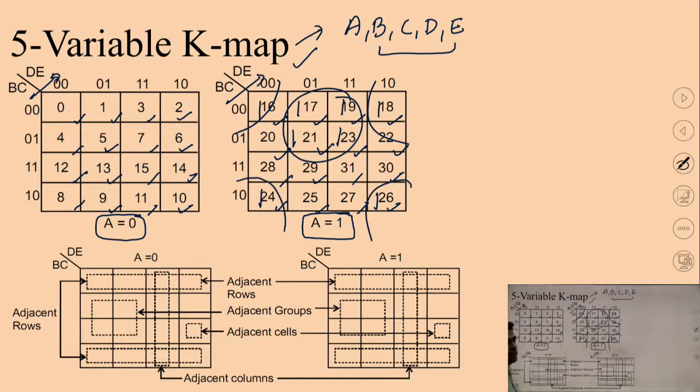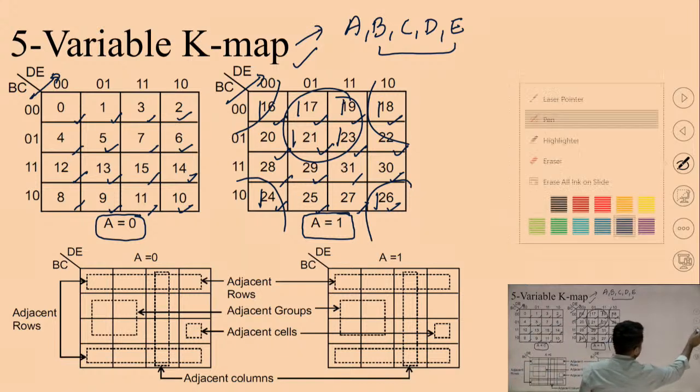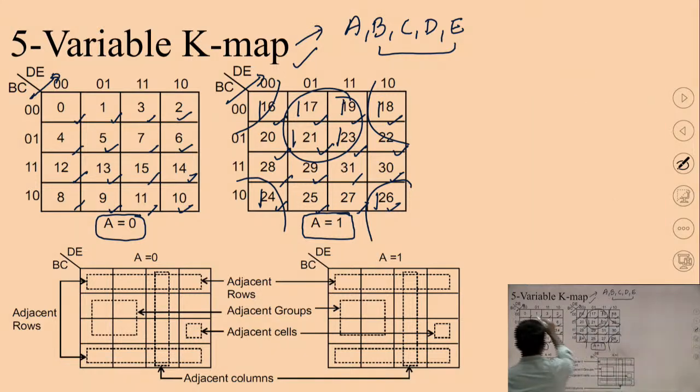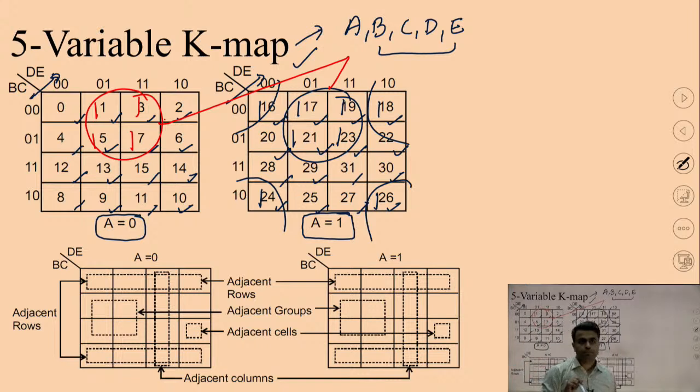The only thing is that if a group is appearing at the same location in both the KMAPs, then these 2 quads will make an octet. If there is a quad and on the same exact location there is a similar group in the other KMAP as well, it will not be 2 quads, but 1 octet.